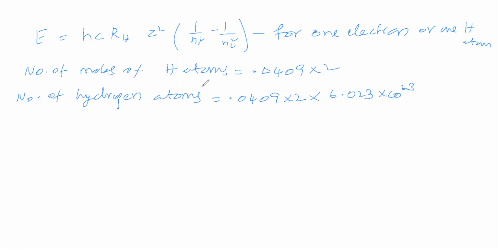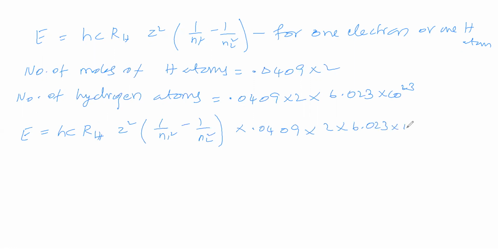Now for this many atoms, energy is equal to hc RH Z square into 1 by n1 square minus 1 by n2 square into 0.0409 into 2 into Avogadro number. This is for one hydrogen atom, and this is for this many hydrogen atoms. Now we will substitute the values and calculate the energy.